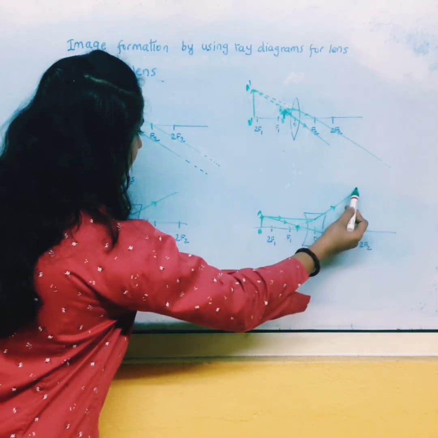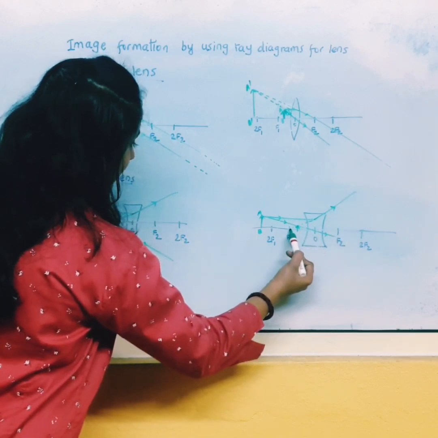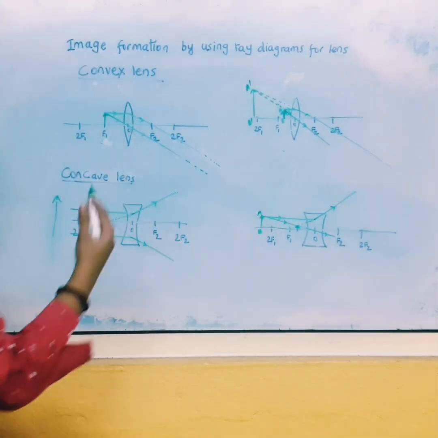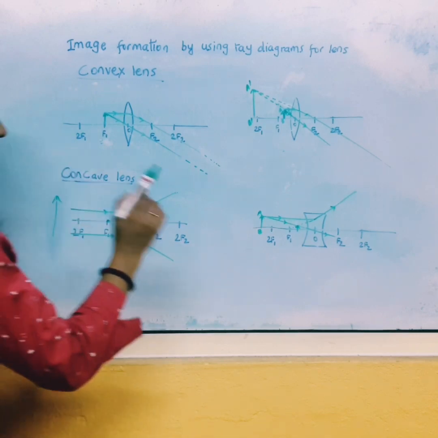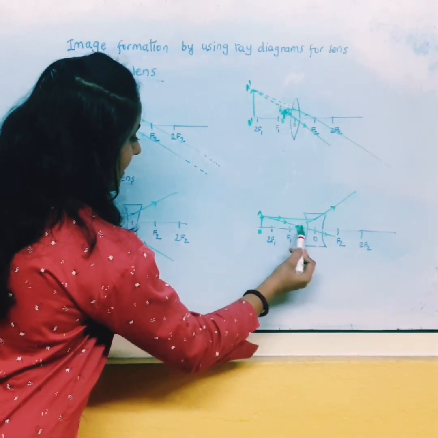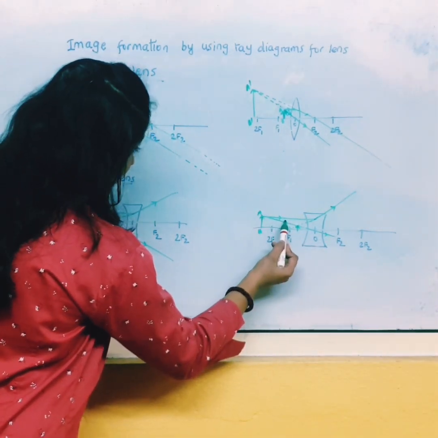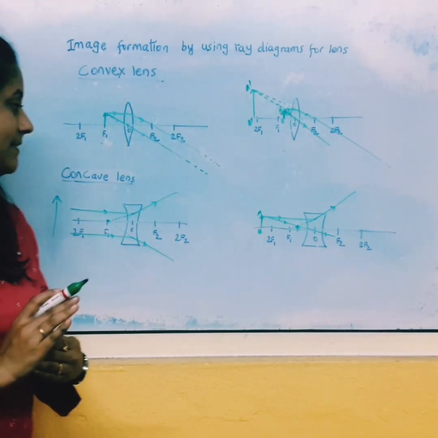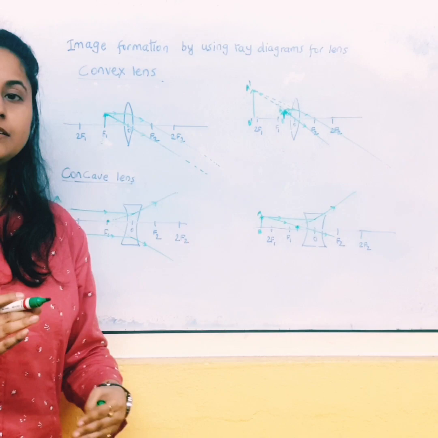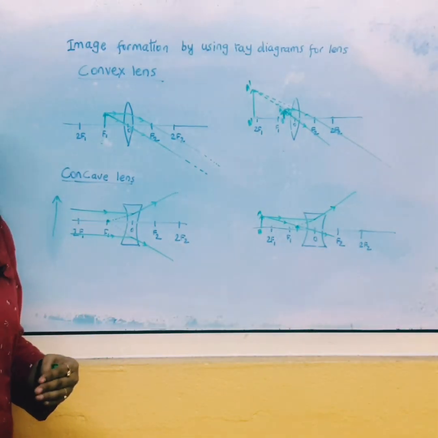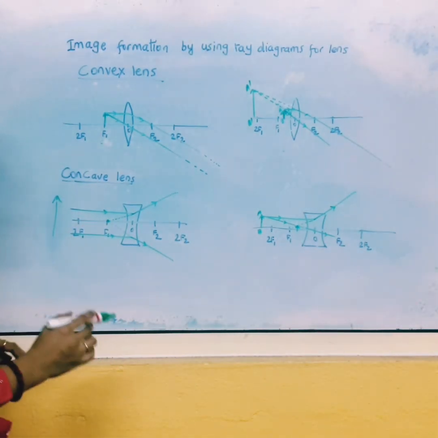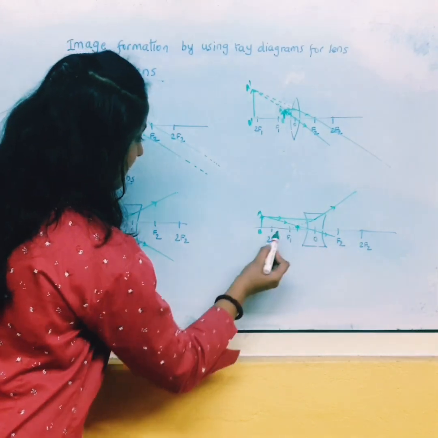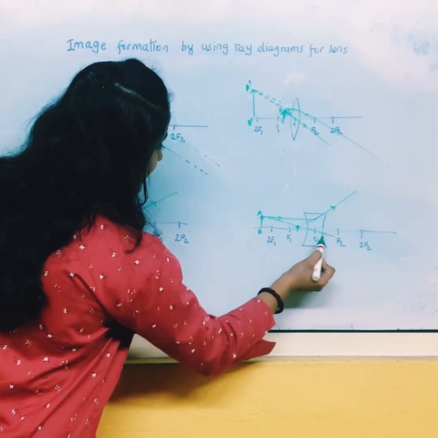After refraction, it takes this path, appears to diverge from the principal focus on the same side of the lens. Next ray passes through the optical center. In case of optical center, for both the lenses, it follows the same path without any deviation. So this is the path it takes.